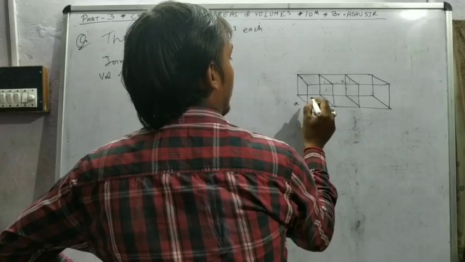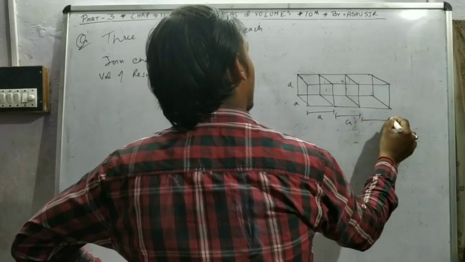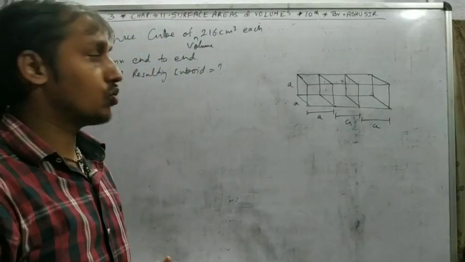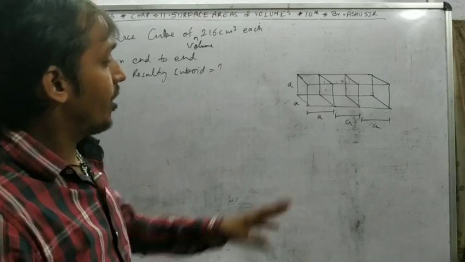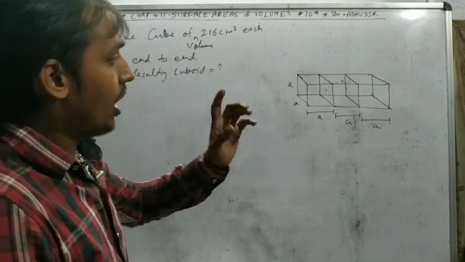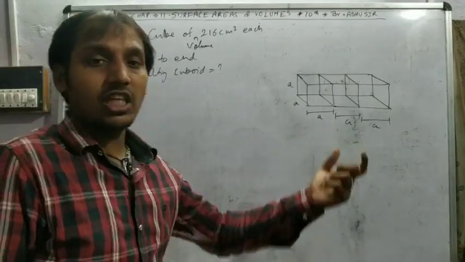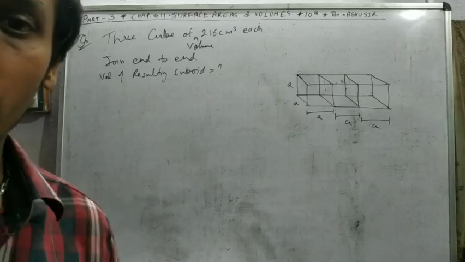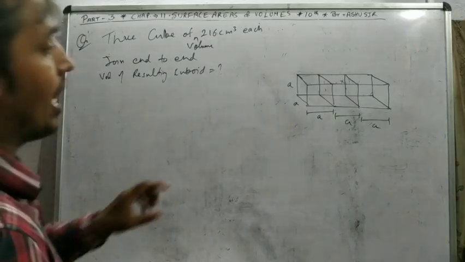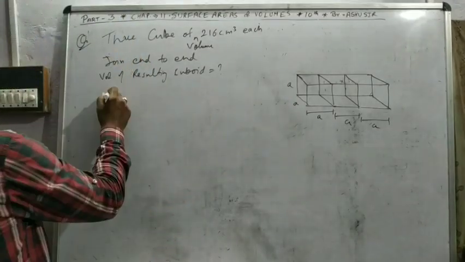Length A, breadth A, height A, here also A, here also A. If you see the figure, you observe that if 1 cube edge is A unit and we join the 3 cubes together, only the length is changed. Breadth and height are the same. So first we find the value of A.